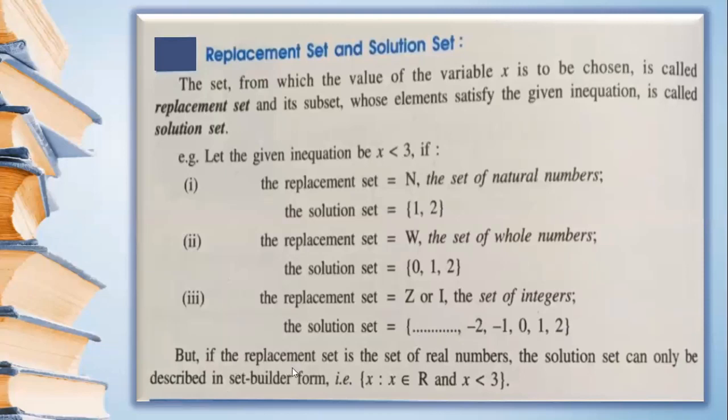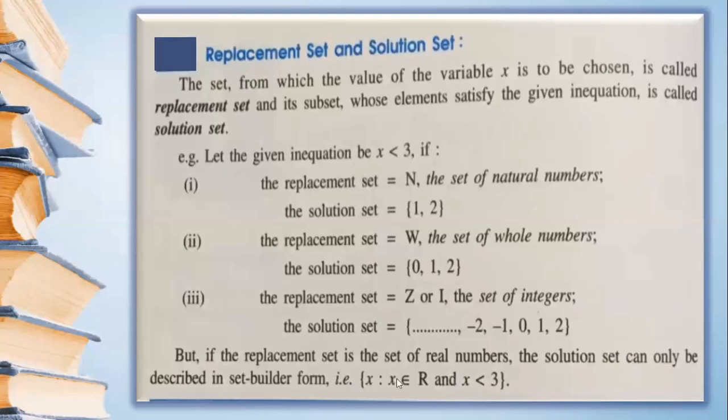But if the replacement set is the set of real numbers, the solution set can only be described in set builder form, that is x where x belongs to real numbers and x is less than 3. The same condition, that is the inequation, we write in set builder form along with the condition that x belongs to real numbers.